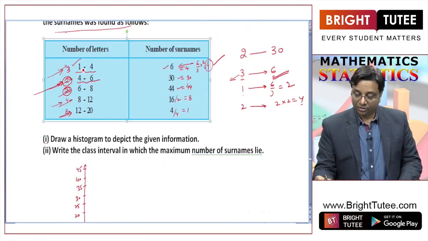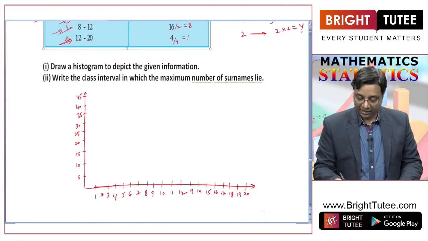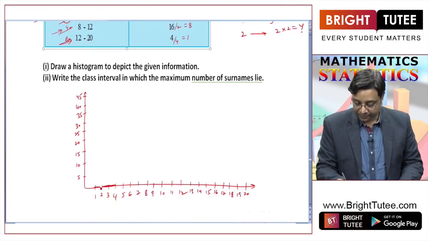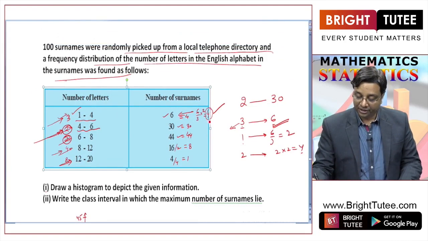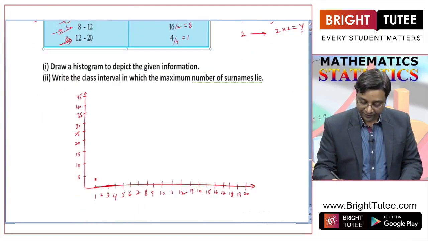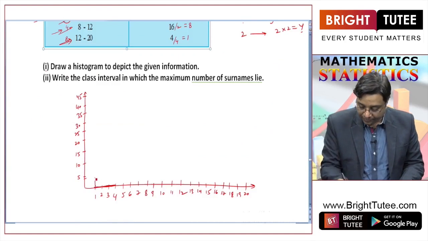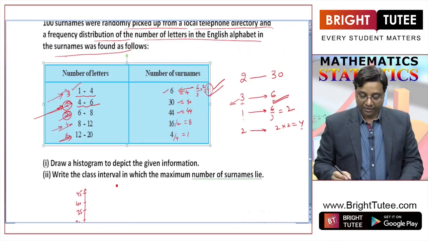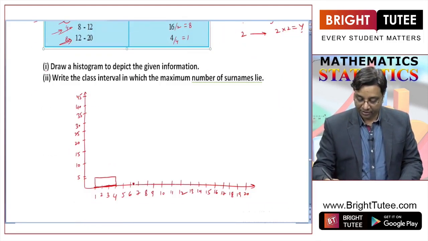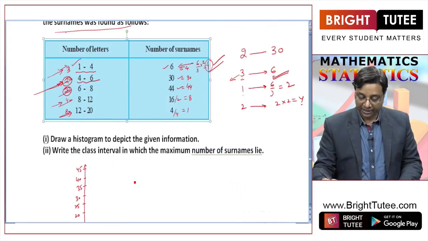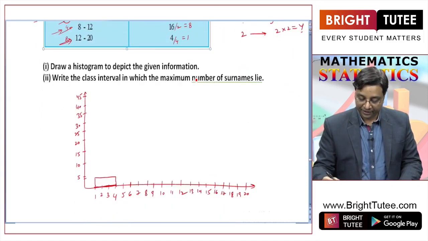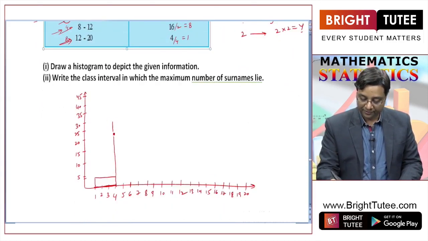Okay, so corresponding to this class 1 to 4, here the height will be 4. So I'll go up to this point here. This will be the rectangle. And 4 to 6, I'll go up to here, and the height will be 30.